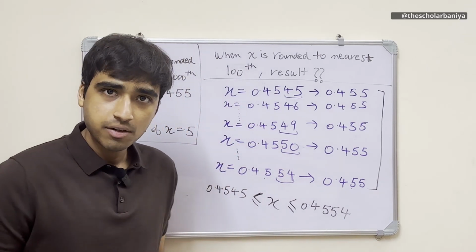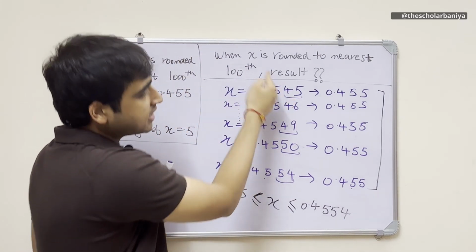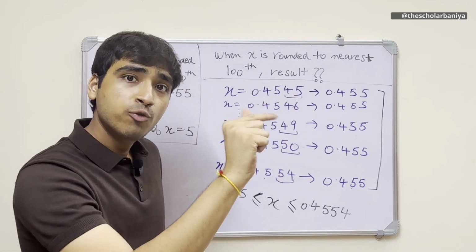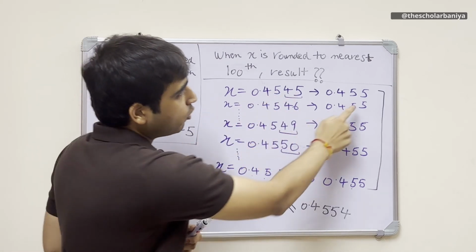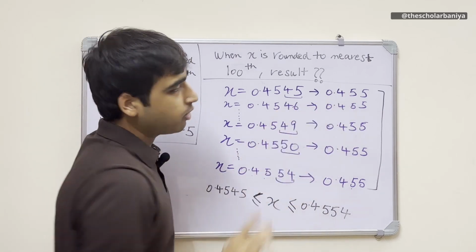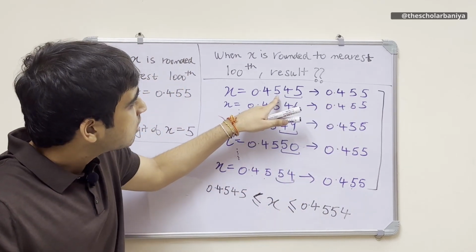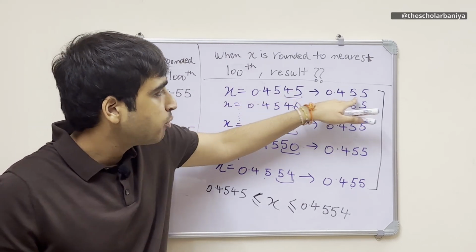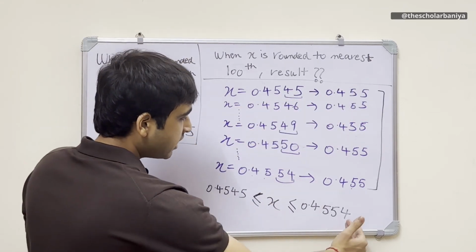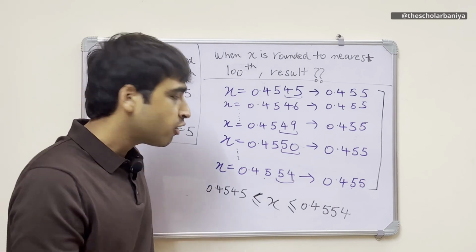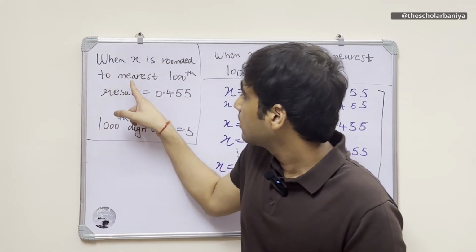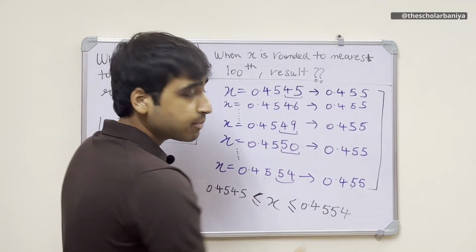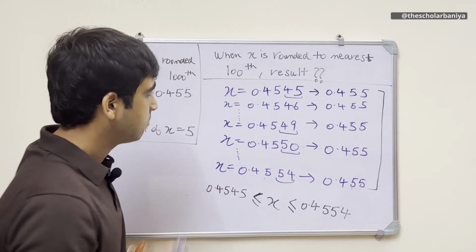I hope this is clear, because if we go one step behind, 0.4544, then 44 will become 4. So over here we will have 0.454, but we don't want that. So this is the smallest possible case where 0.4545 will become 0.455. So this becomes our values of x for which the rounded value to the thousandth is 0.455. So these are the possible values of x.